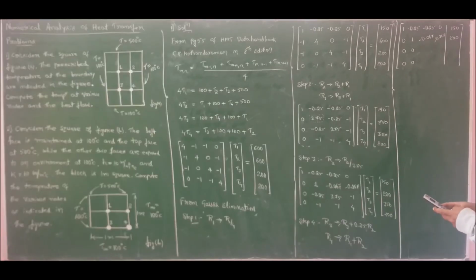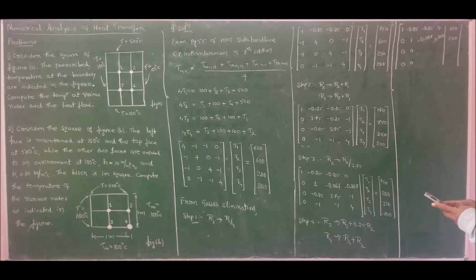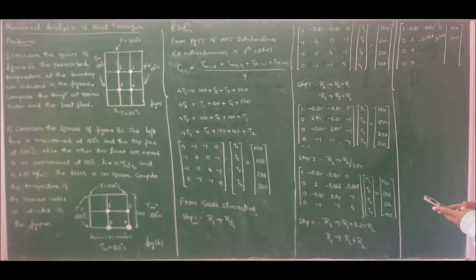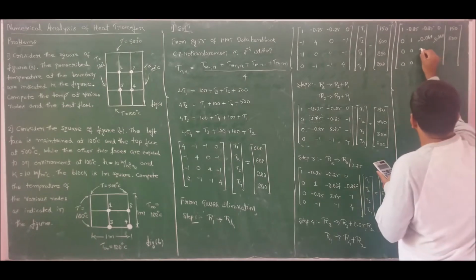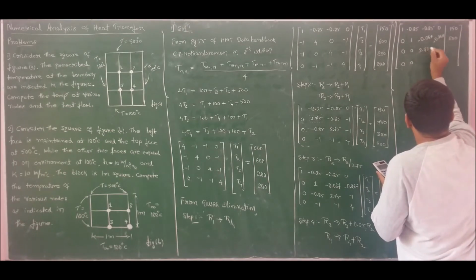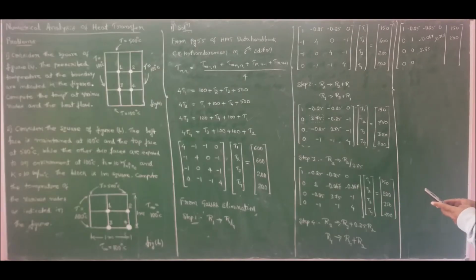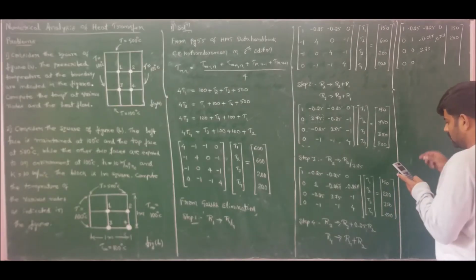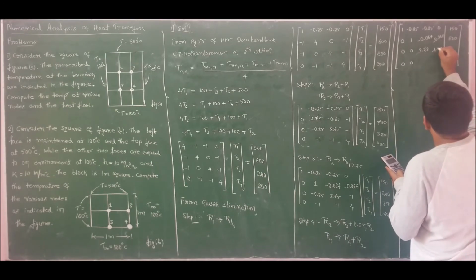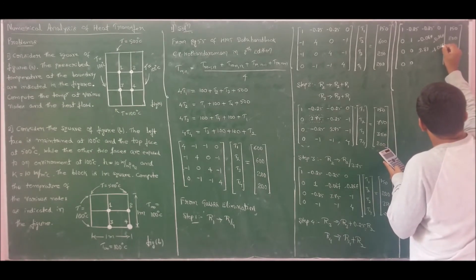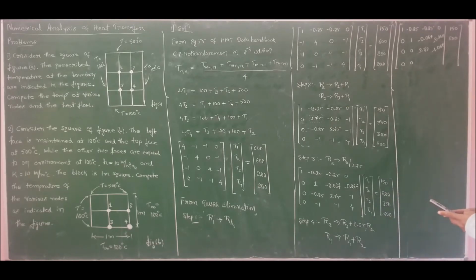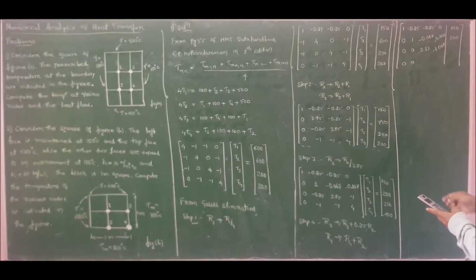Now 3.75 plus 0.25 into minus 0.067 is nothing but 3.733. Next we have minus 1 plus 0.25 into minus 0.267, which is nothing but minus 1.067. Next we have 350 plus 0.25 into 200, which is 400.